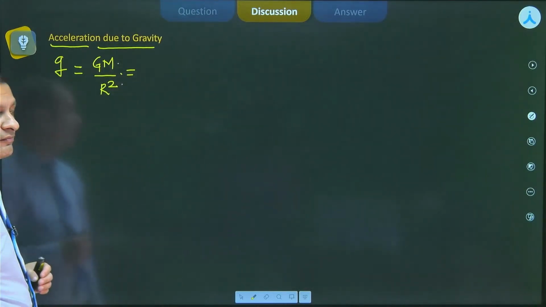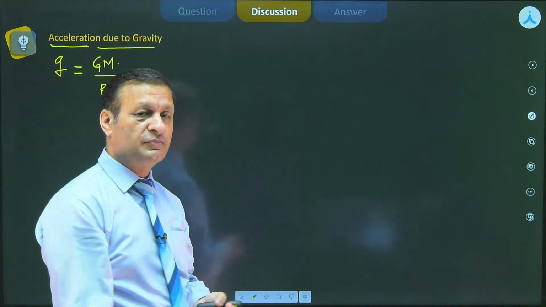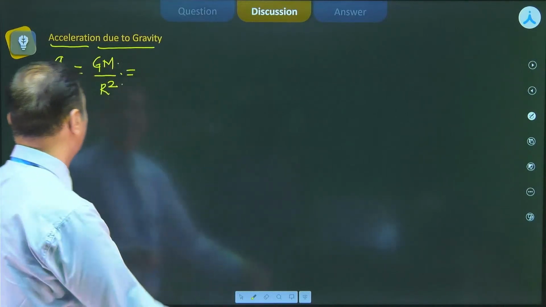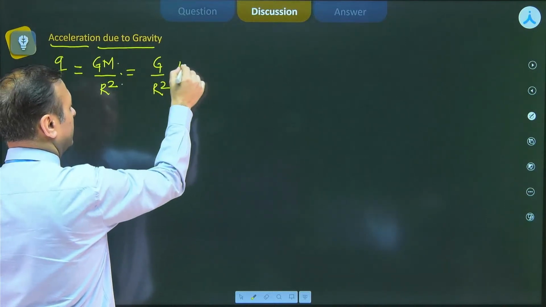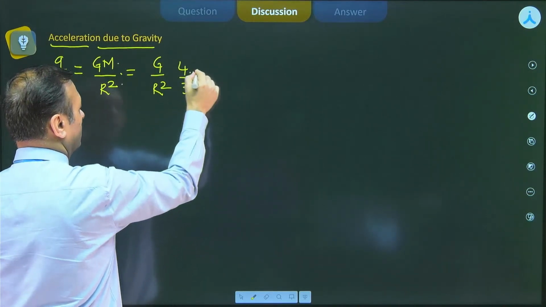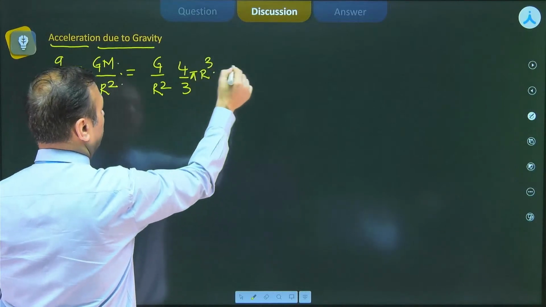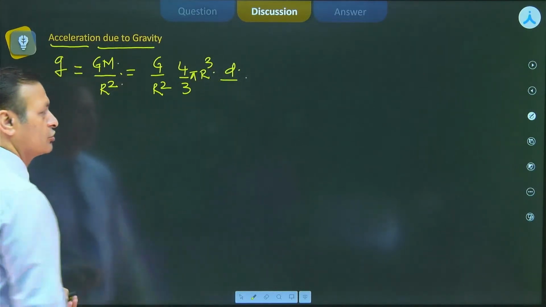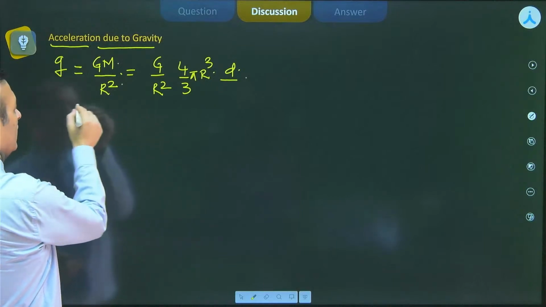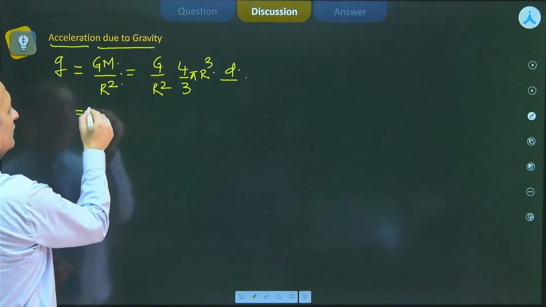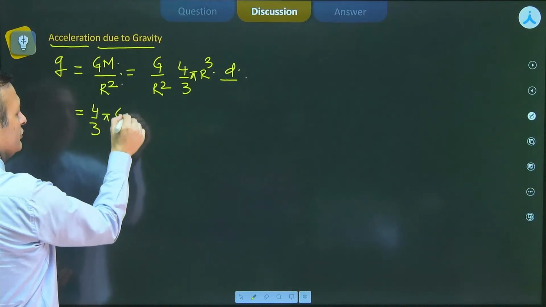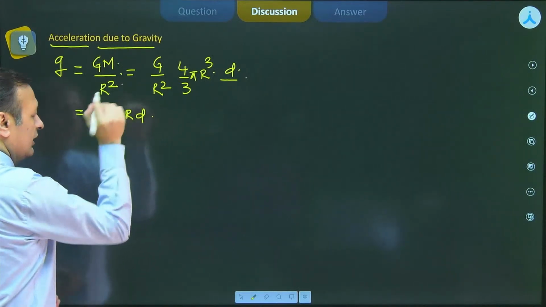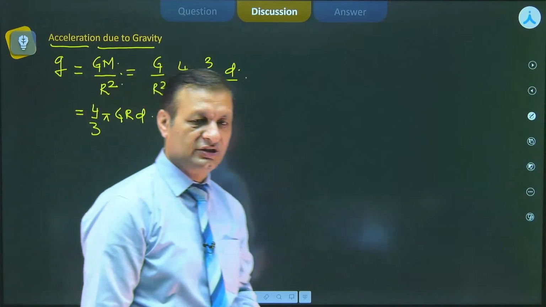When you consider this Earth as a uniform sphere of uniform density, then the mass of Earth can be written as its volume into density. So this is how we have another formula, and that gives me 4 by 3 pi G r d, where d is the density.